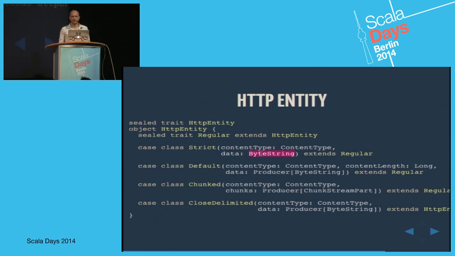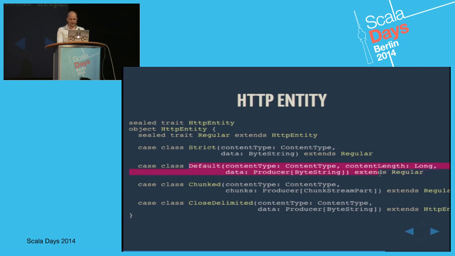So for example, if you want to create a small hello world response, then it's easy because you already have the string, right? There's no point in putting it into a complicated structure. You can just use it directly. So it's a strict entity. Has the nice benefit that it's also comparable. So if you have 2 requests that both have strict entities, you can do value comparison on them because the data are already there.